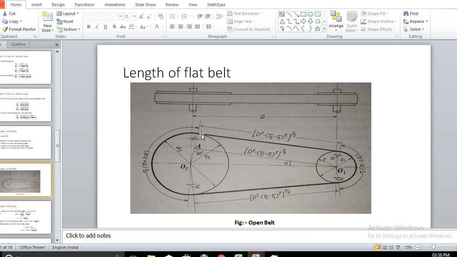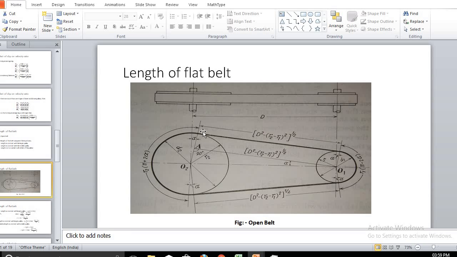So the total length is the arc length from this point to this point, plus the arc length from this point to this point, plus the distance from this point to this point, and the distance from this point to this point. This is the total length of the belt drive.